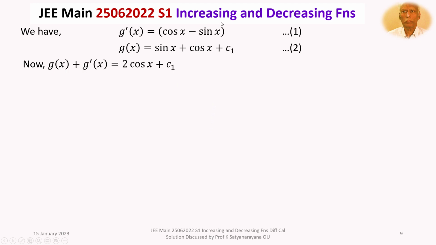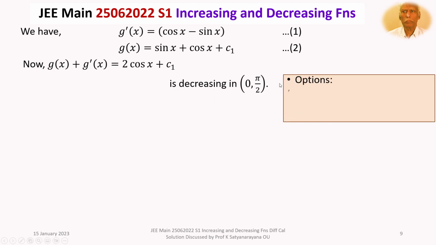Here it is scaling, and it is shifting upwards. So this is 2 cos x. What happens in 0 to pi by 2? We all know that cos x decreases. So 2 times cos x plus c1 decreases in the interval 0 to pi by 2.